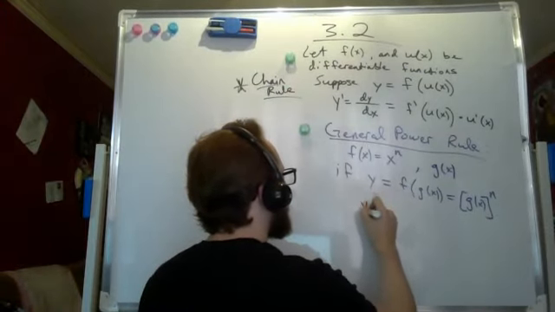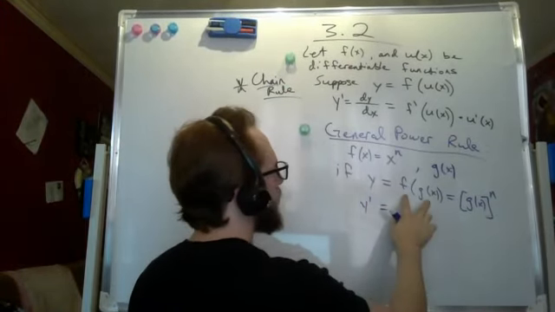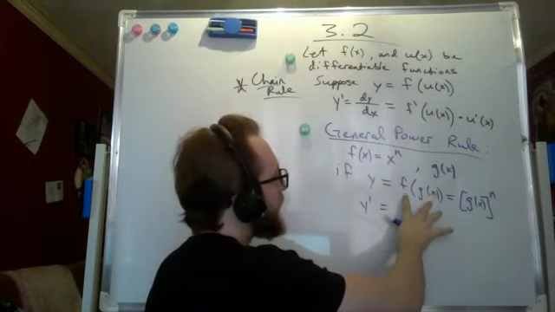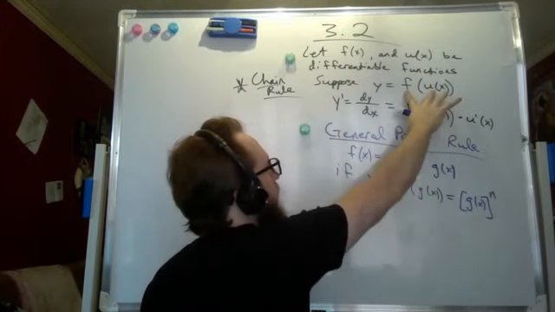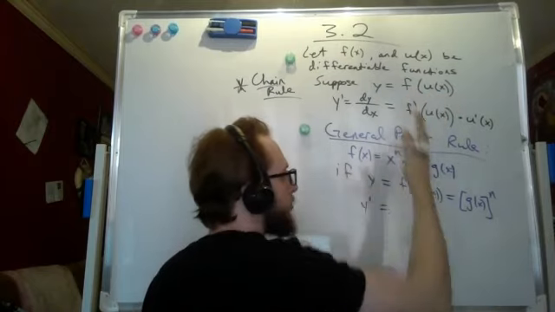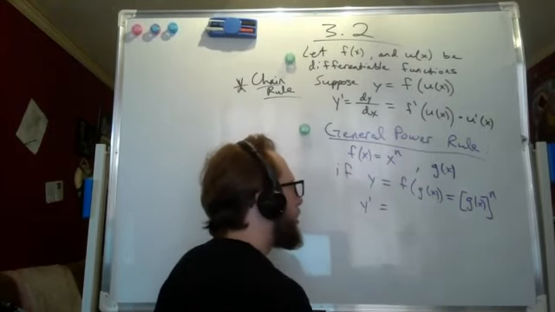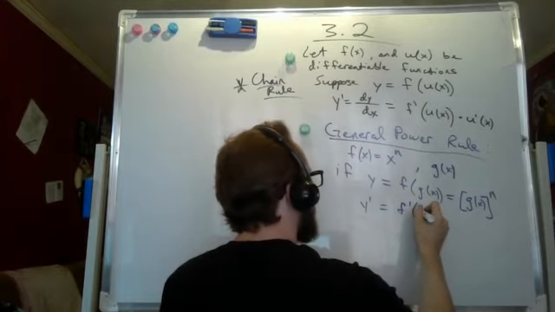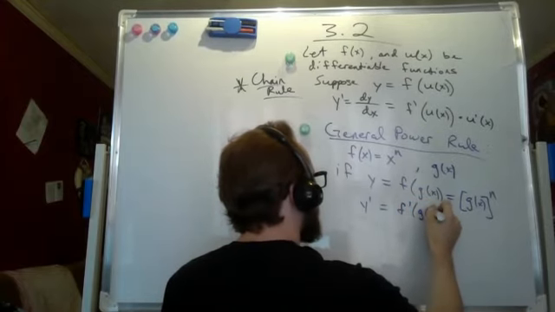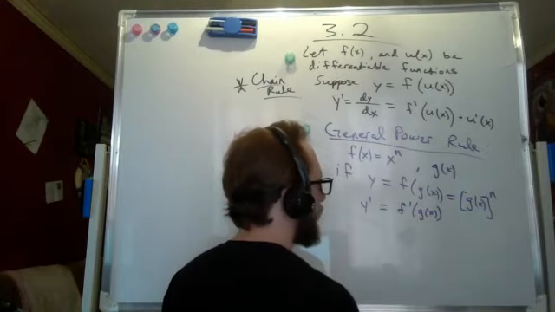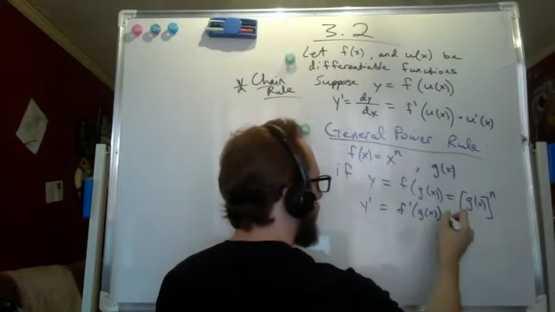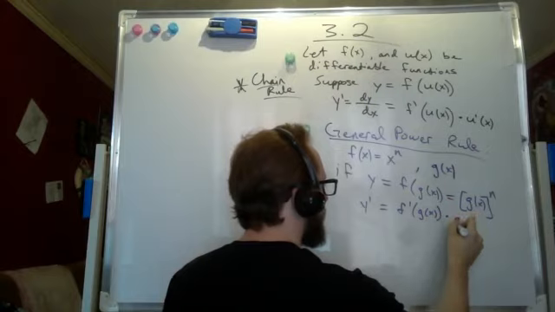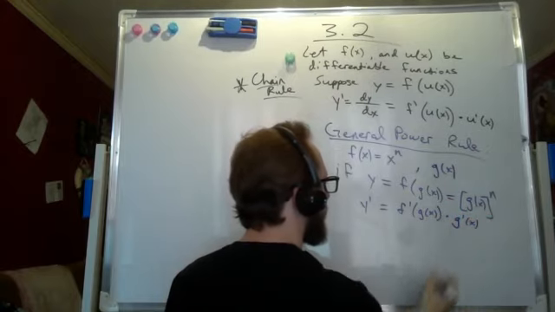Well, then y prime, you see that we have this f of g of x format? This is the same format as f of u of x. So what's our derivative? It's the derivative f prime with g of x plugged in, so we leave g of x alone, and then we multiply it by the derivative of the inside part, g prime.